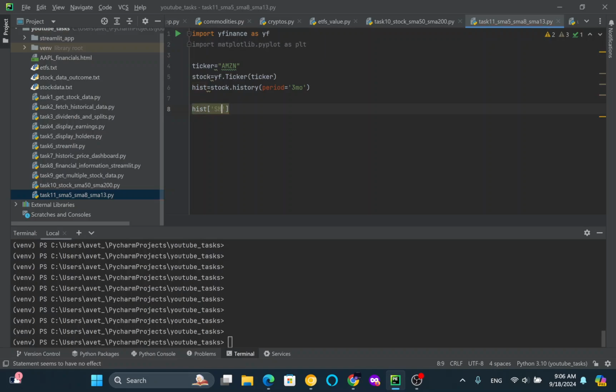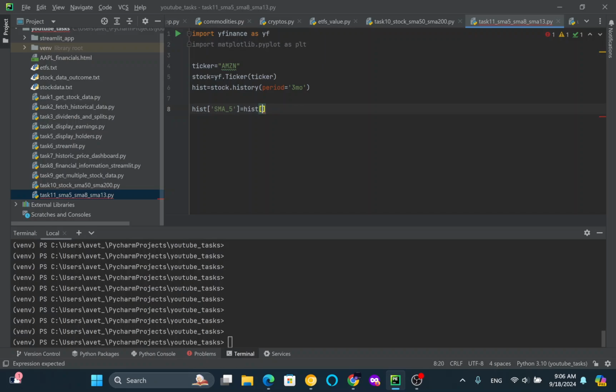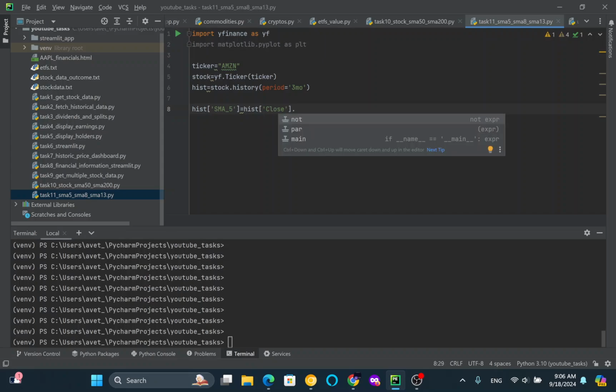Now let's calculate those short simple moving averages. Historical SMA5 is equal to historical close, rolling window equals 5 days, and mean value.